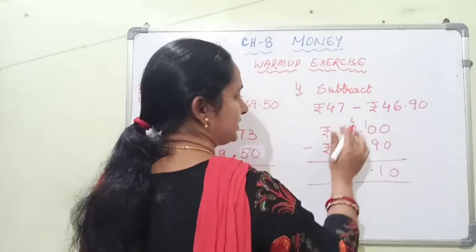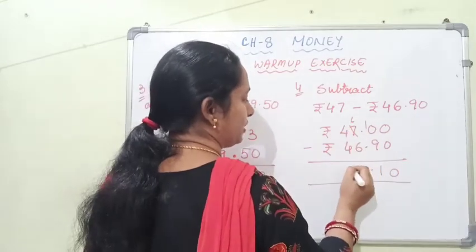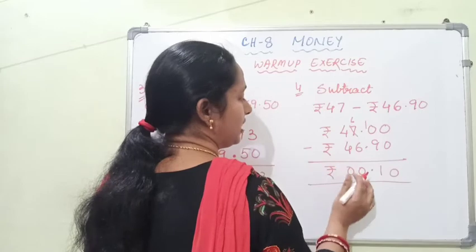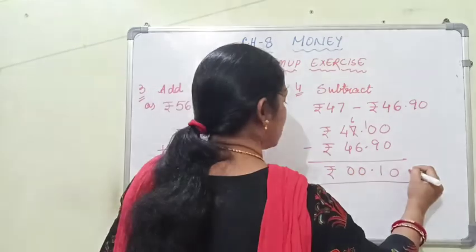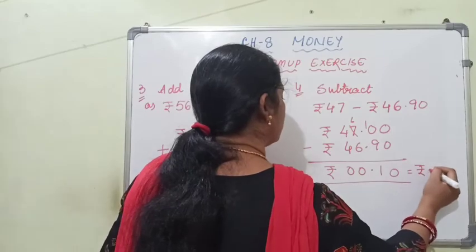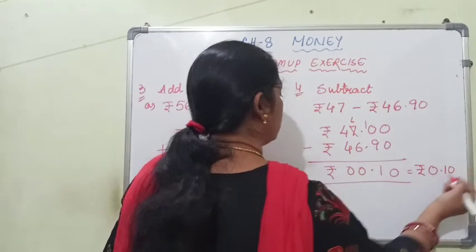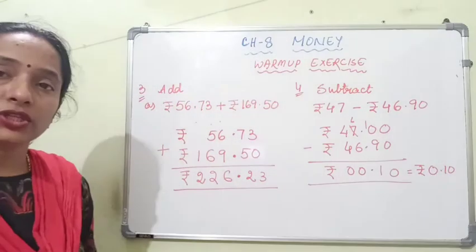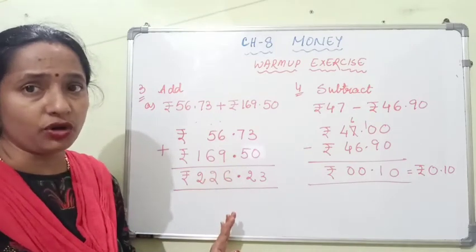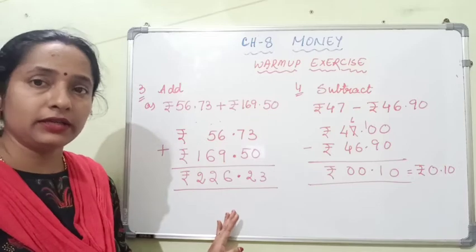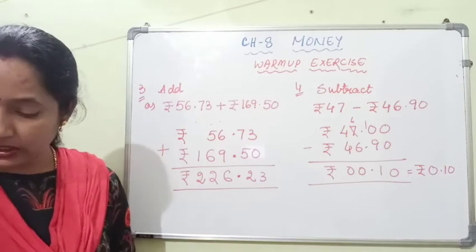Here you are left with 6. 6 minus 6 is 0. So you get zeros here. This means 0 rupees 10 paise, which ultimately is equal to 10 paise. So children, this is the way you do subtraction and addition of money, right? Now let us go to the next question.